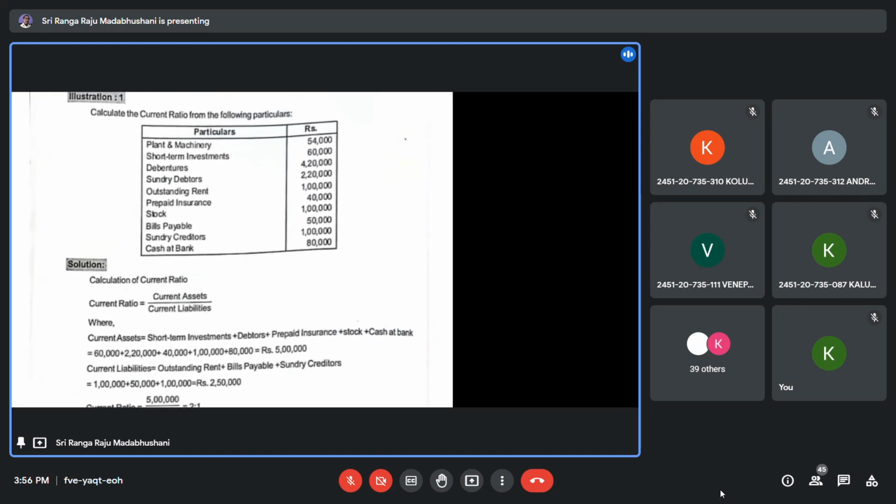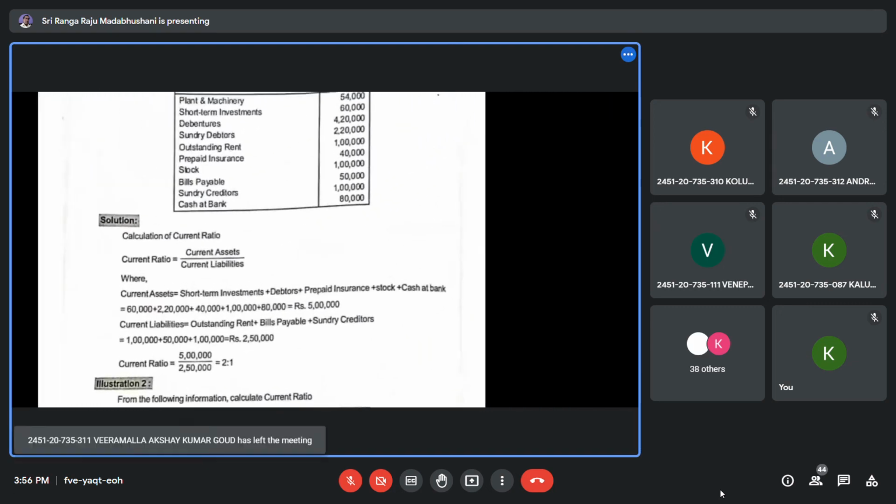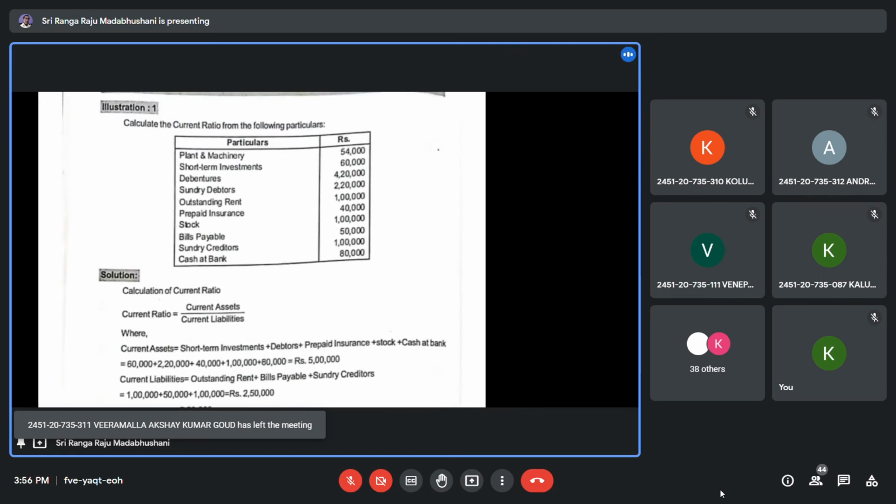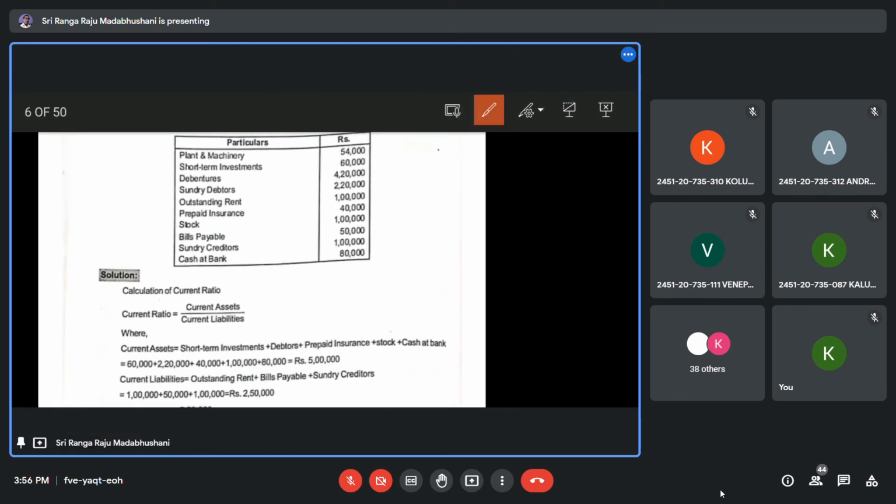Now, see an example. You may find a question like this, or they may give the balance sheet. Plant and machinery is an asset. Short-term investment is a current asset. Debentures means loan. Whenever you raise a loan from a bank or financial institution, you call it a term loan.